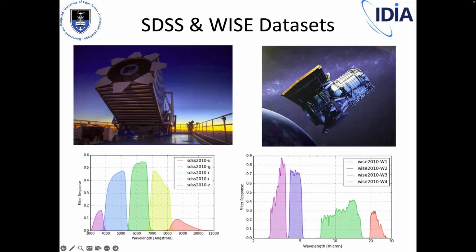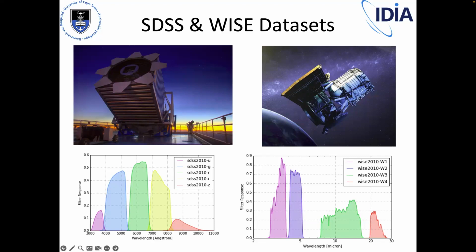The photometric observations have detected many millions of galaxies, whereas only a few million have an actual spectrum associated with them. That's important because spectra give you, for instance, an accurate redshift that you can use to train machine learning techniques to measure the redshift for sources that do not have a spectrum.